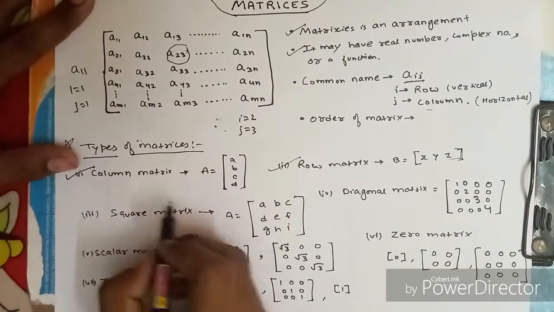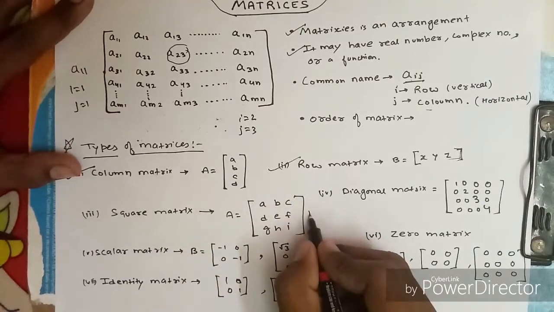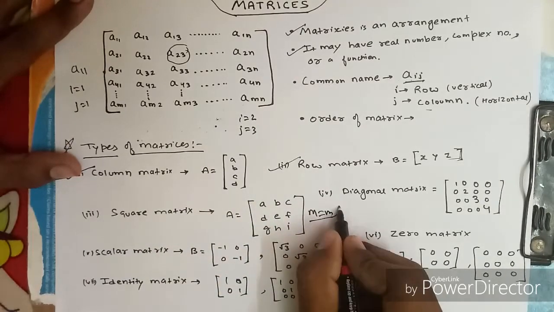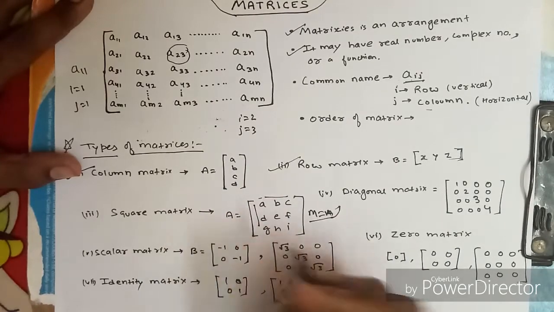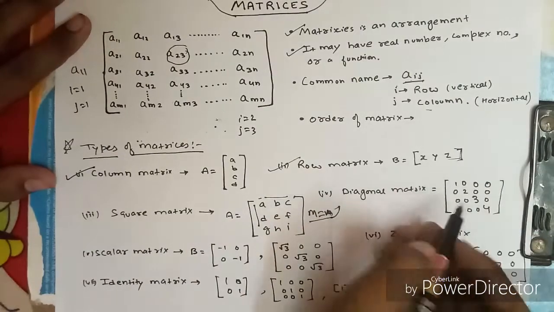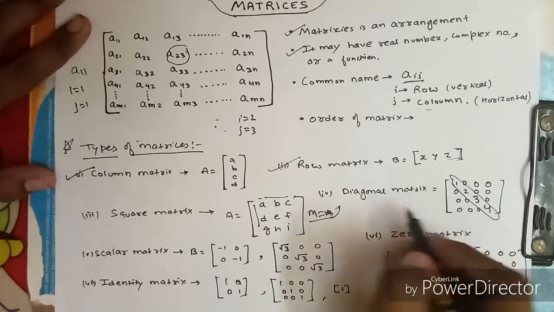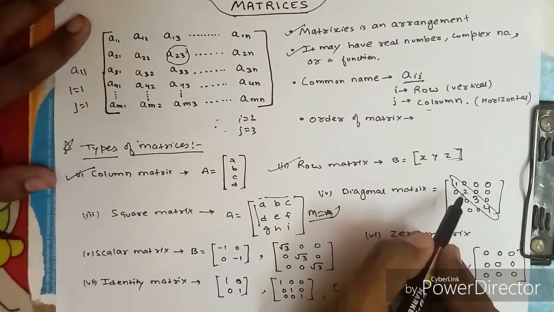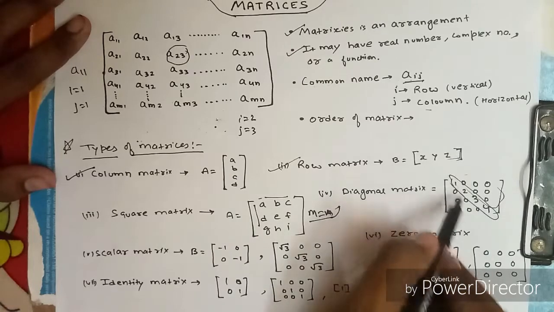The third is the square matrix, that is m equals n, the number of rows is equal to the number of columns. And the fourth one is the diagonal matrix, where all the elements lie in the diagonal and there is no element elsewhere.